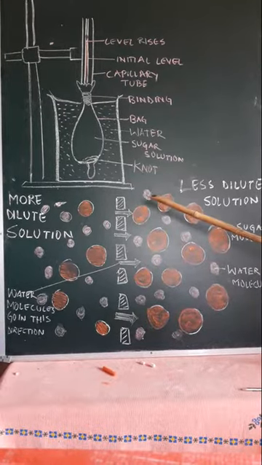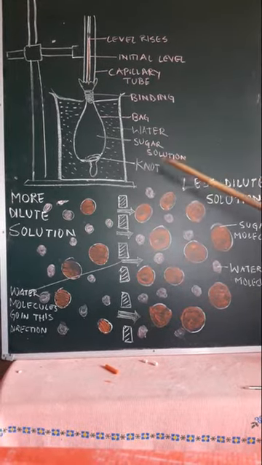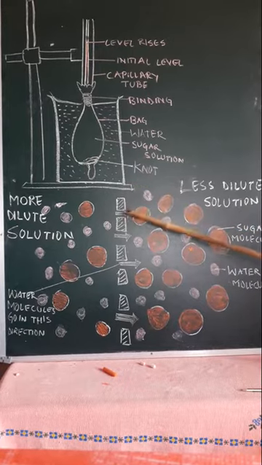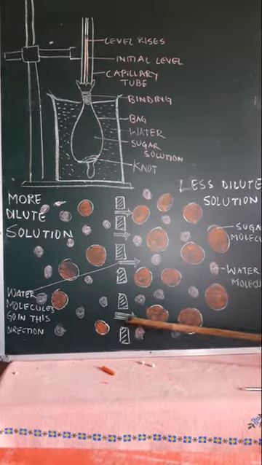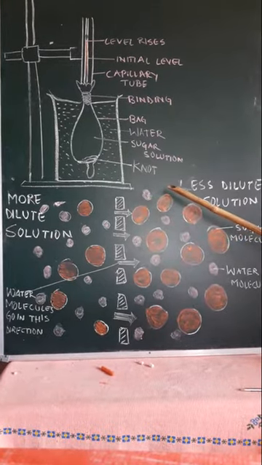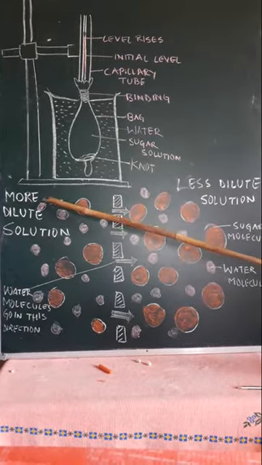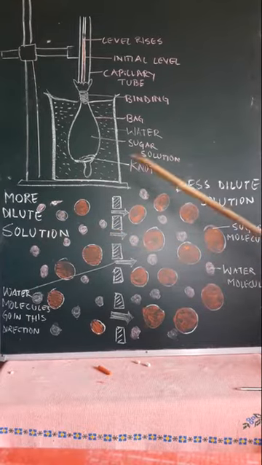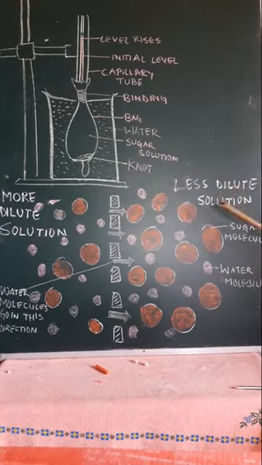Next, we see here the semi-permeable membrane and two types of solution, that is, here more dilute solution is kept, and here less dilute solution.